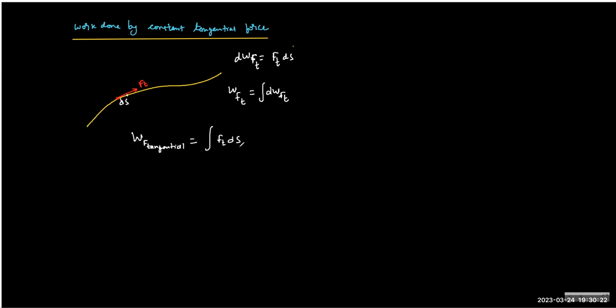Now I said that Ft is constant, so I can take it out of the integration. And if you add ds everywhere, what will you get? What is the sum of ds?